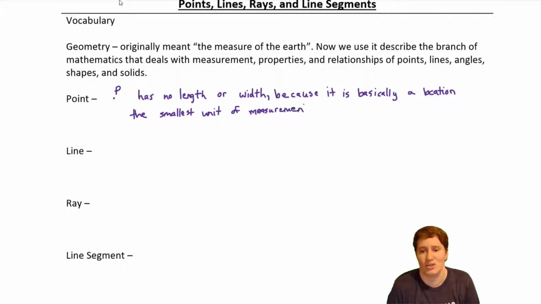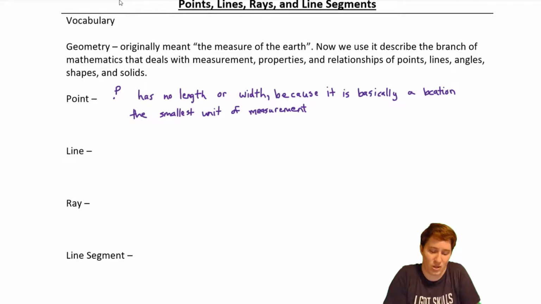As I go through this, I'm trying to remember what some of the things they ask us in the workbook are. So the idea here is that if we have a point, we're talking about a location. And if something's at that location, like a literal thing, like a person or a box or a car, that object does have length or width.